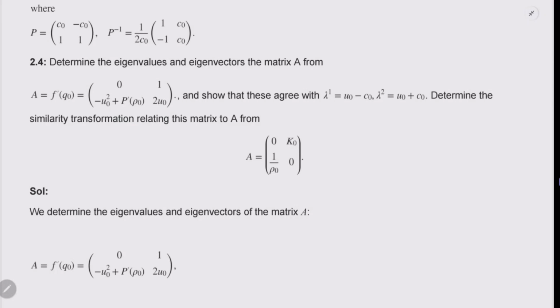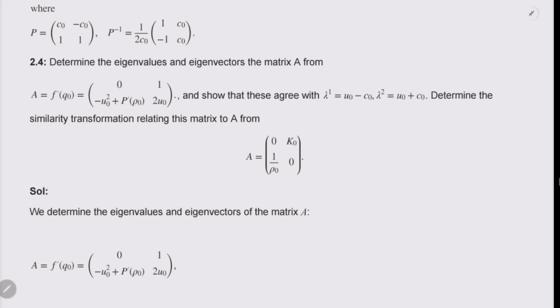Let me just solve a last exercise of this exercise, last problem of this exercise. There are many problems in this exercise, but the theory we covered, we want to solve those questions relevant to the theory.